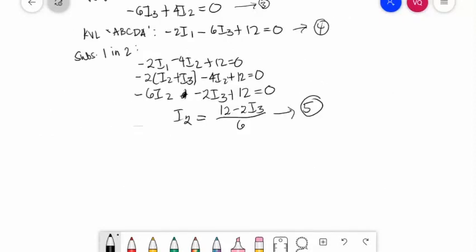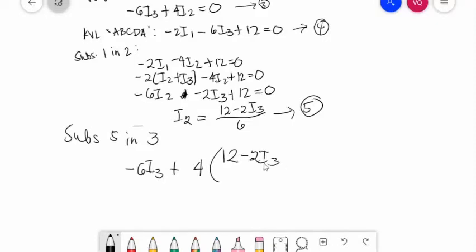Substitute now your equation 5 in equation 3. We'll have negative 6I3 plus 4I2, where I2 is (12 minus 2I3) divided by 6, is equal to 0.